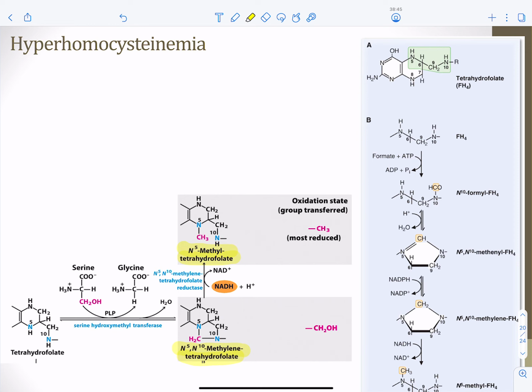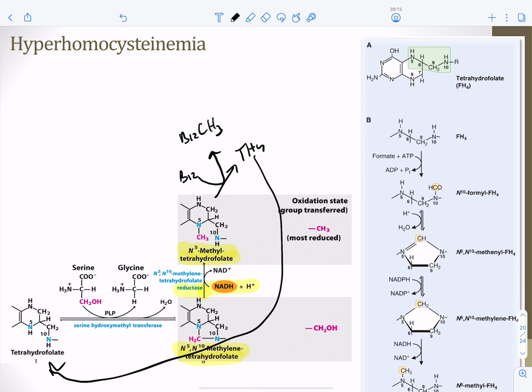And this is done by N5-N10 methylene tetrahydrofolate reductase, which requires NADH. And so this is taking your one carbon donor back to the most reduced form. And then this, of course, will donate to vitamin B12. And then this will be B12 with your carbon. And you have your tetrahydrofolate, which will get regenerated and can go back to being tetrahydrofolate, pick up other things.